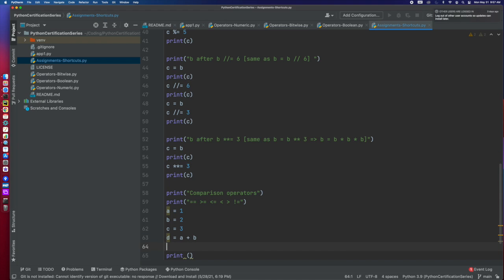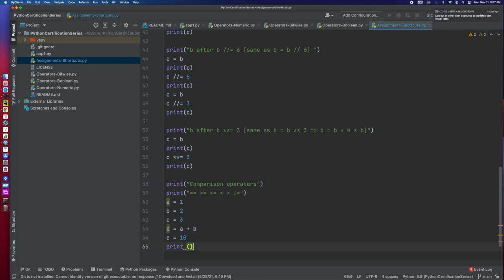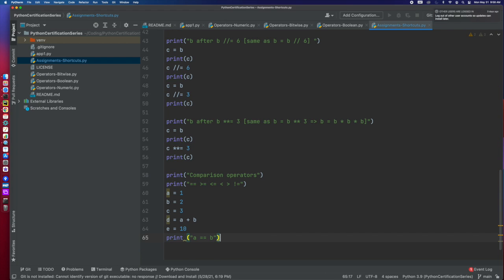Oh, and let's do E equals 10. We'll just do that just to give us a couple to work with. So we can start with something simple like A equals B, and let's do A equals B, and let's see.